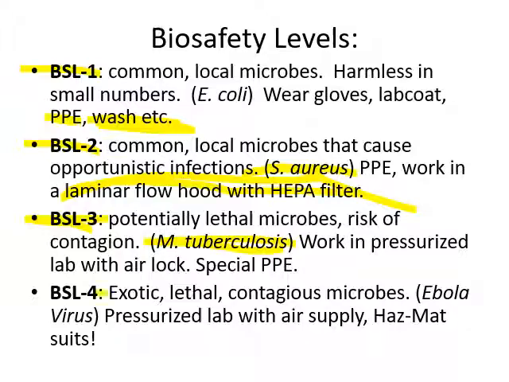Then a BSL-4 lab is for the most dangerous things that you can imagine, like the Ebola virus. This is a lab that looks like a BSL-3 lab, but you have to wear a space suit, essentially. You wear a biohazardous material suit, also known as a hazmat suit, that has a positive pressure.